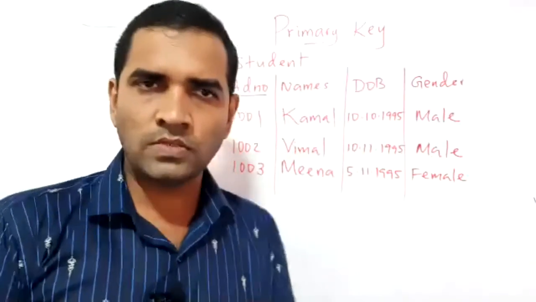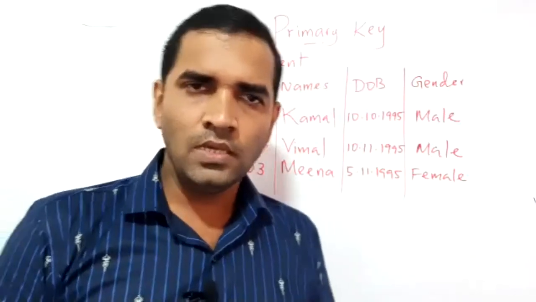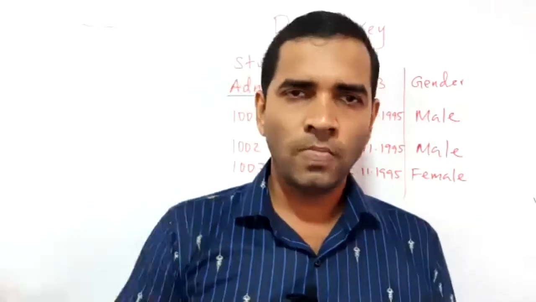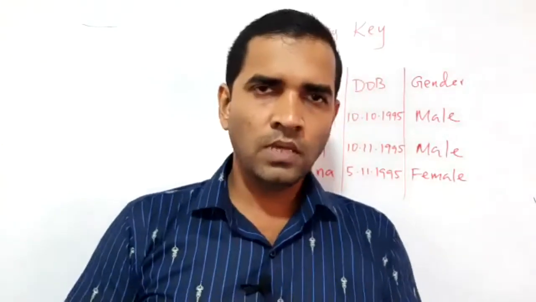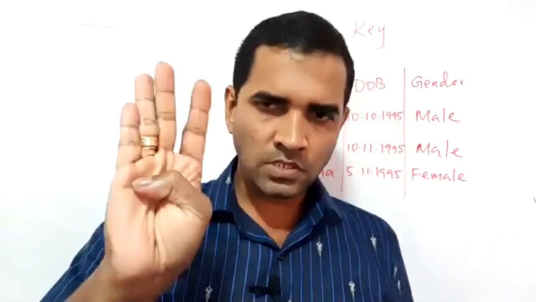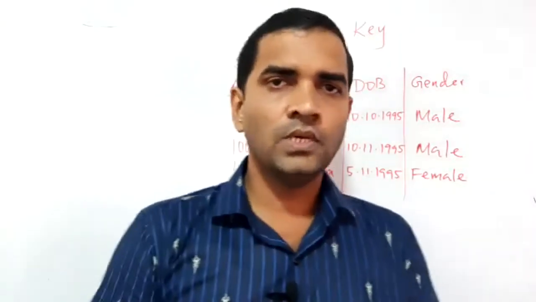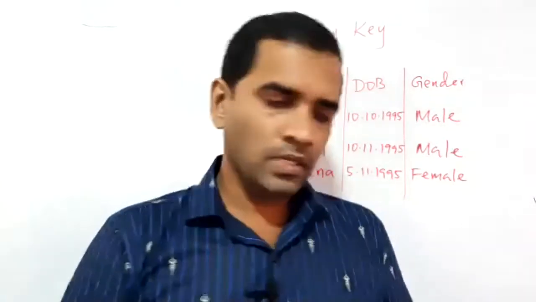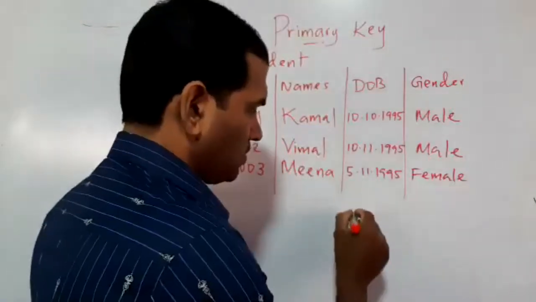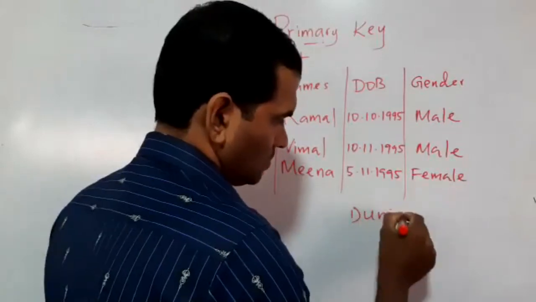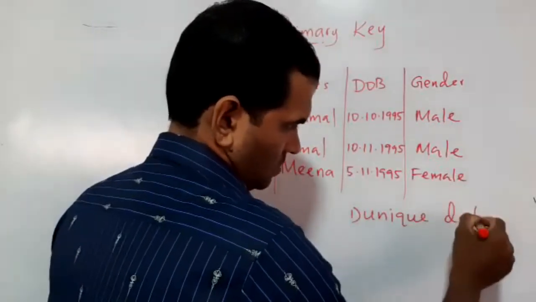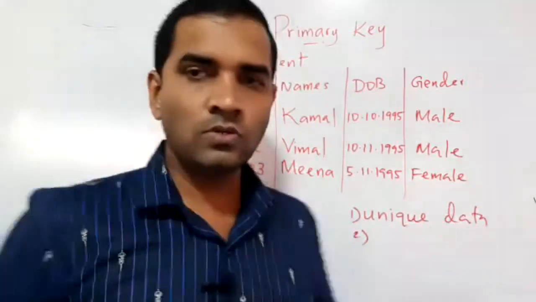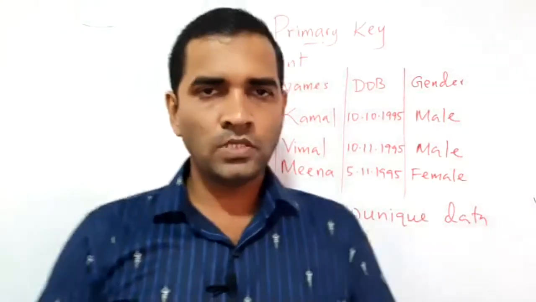There are so many Kamals, there are so many Meenas, right? So names cannot be used for primary key. So that is the first eligibility which a primary key field needs: having unique data. So unique data means no duplication.